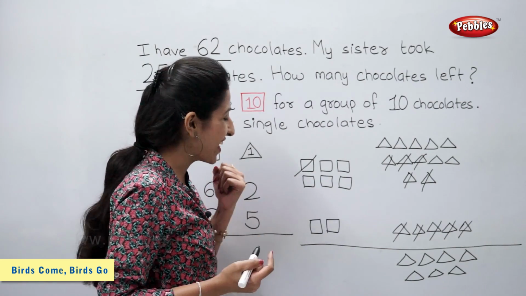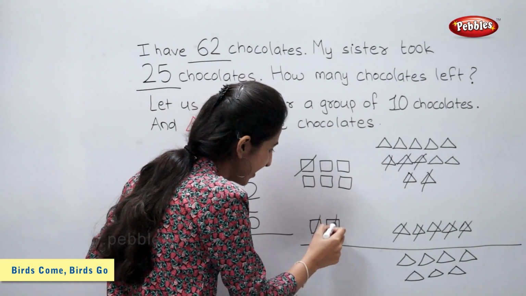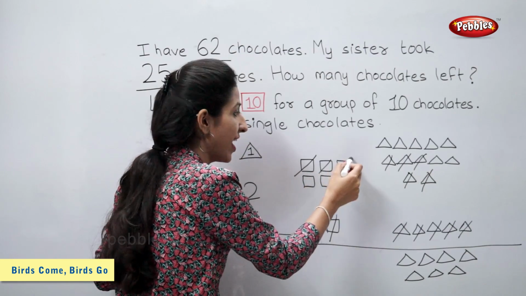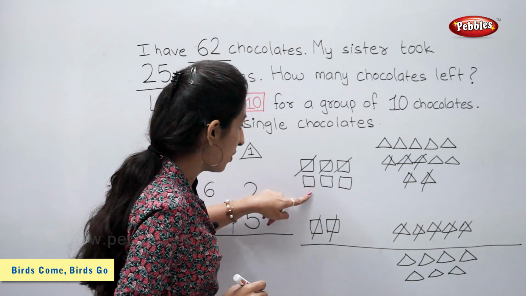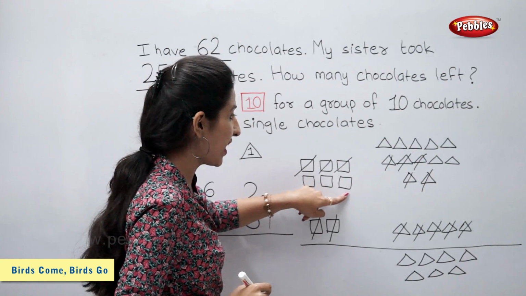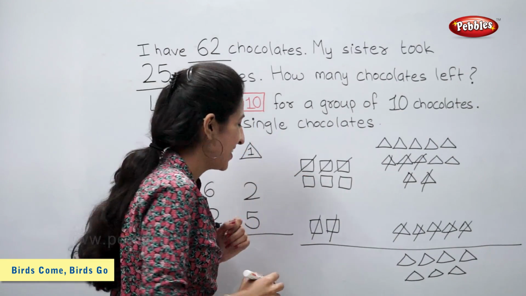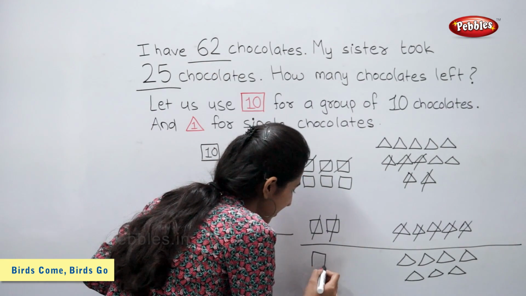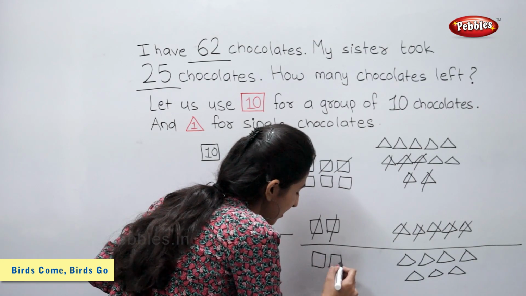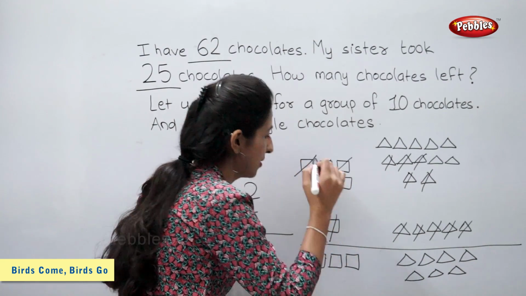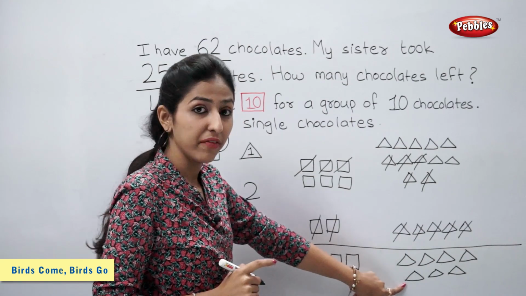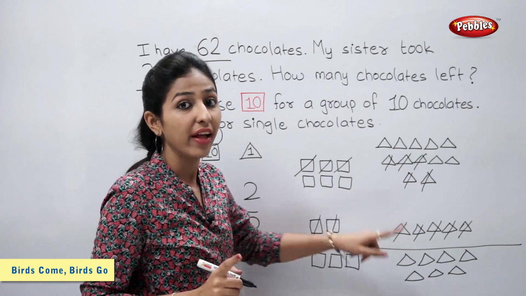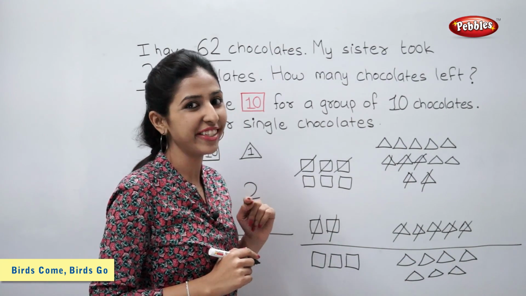So, let's take away 1 and 2. Now, we are left with 1, 2 and 3 squares. 3 squares, 7 triangles. So, the number is 37.